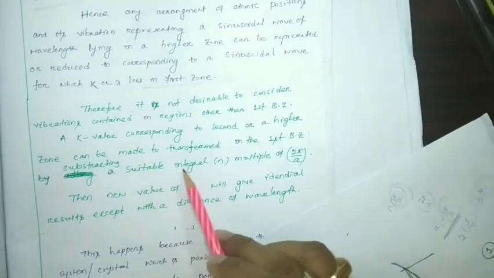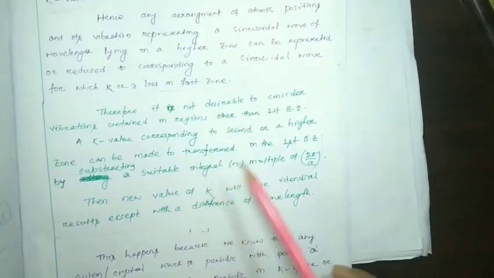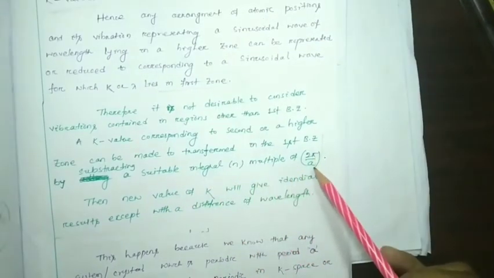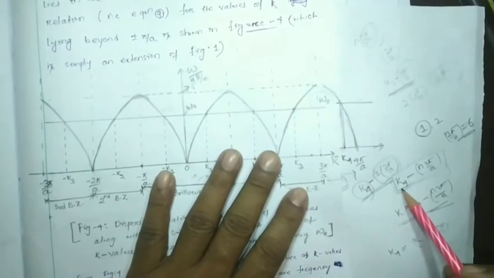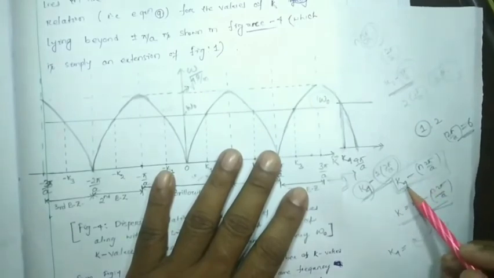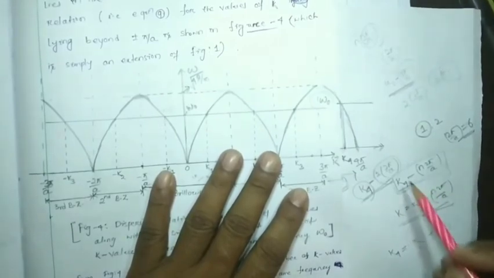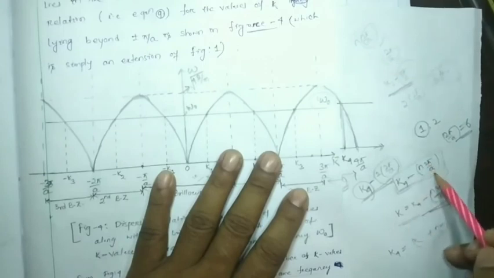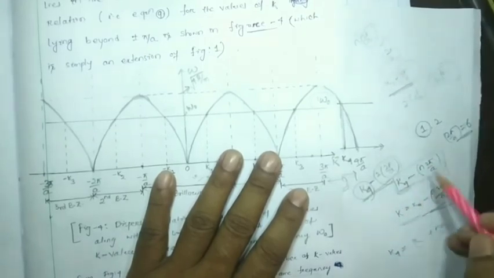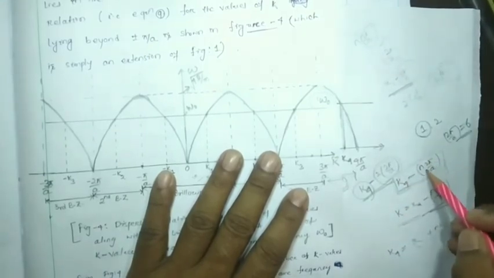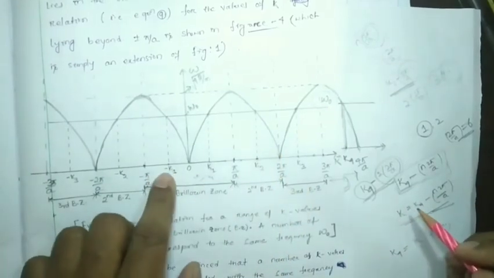Okay, a suitable integral n multiple of 2 pi by a. So here I can show you that K4 in general we can write K4 minus n 2 pi by a will be reduced, here K4 minus 2 into 2 pi by a will reduce to the first Brillouin zone.